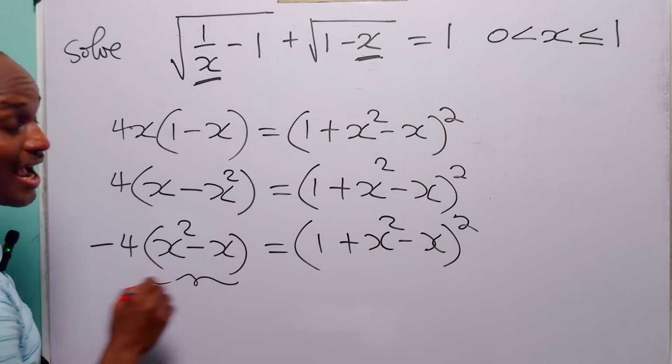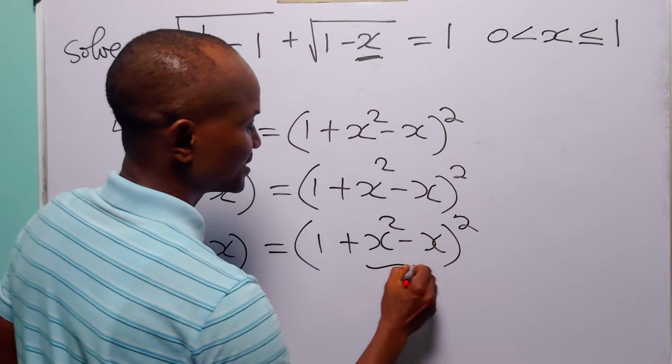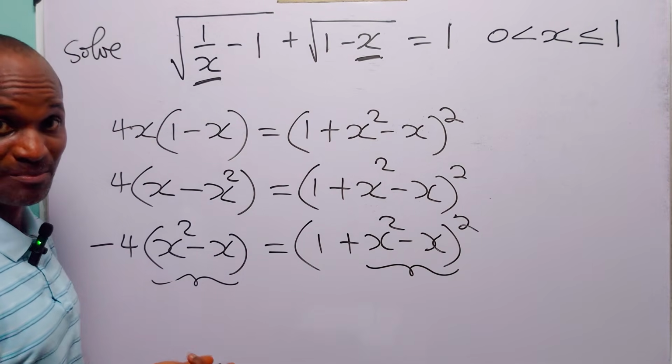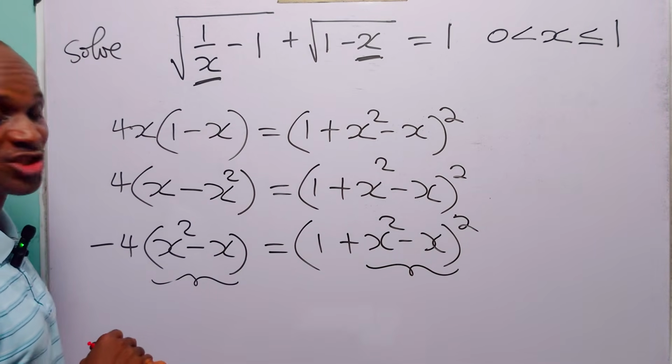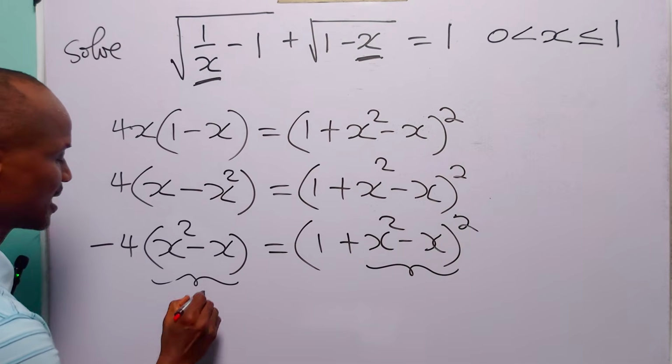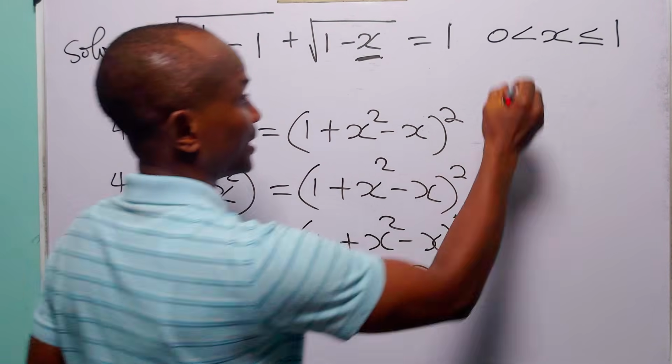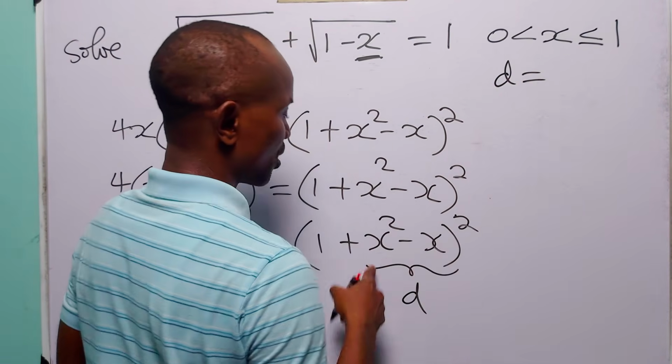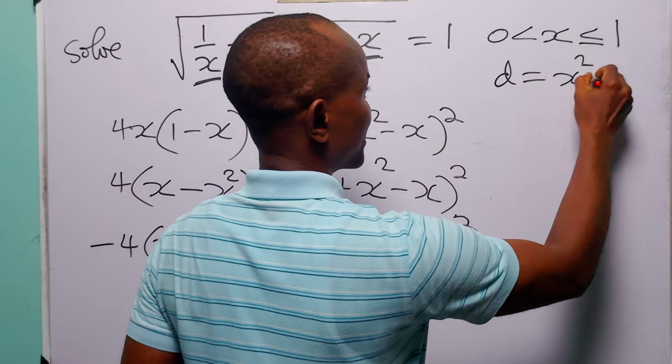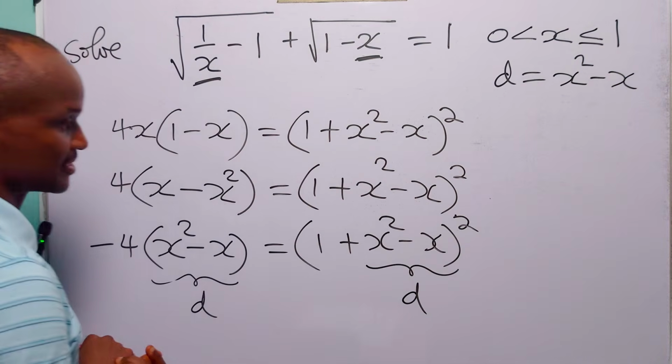Now notice what we have here and notice what we have here. So to simplify this equation, we can do a substitution. Let d be equal to x squared minus x.